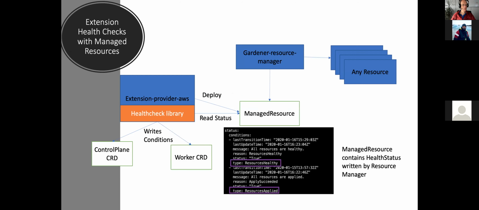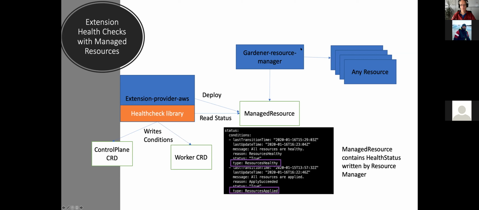This is the common use case, just because it's also very widely used: managed resources. We also look at that here. A lot of extensions use managed resources to deploy their dependent API objects. And so they deploy the managed resource. The Gardener resource manager picks it up and deploys the resource to the seed or to the shoot, for instance.